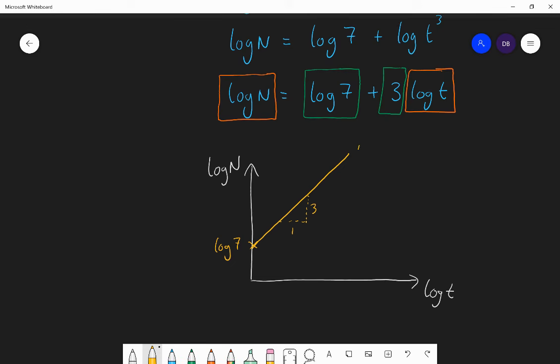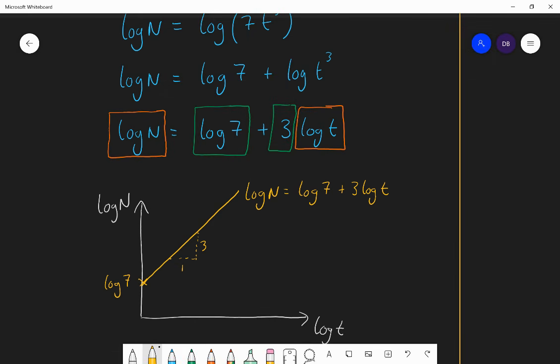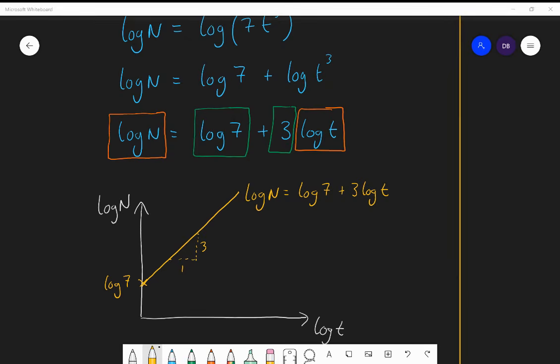So that is the graph of log n equals log 7 plus 3 lots of log t. So here, a polynomial has been turned into a linear graph, and so you can see definition over time if we use log scales for both the y and the x-axis. Okay, so that's that example.